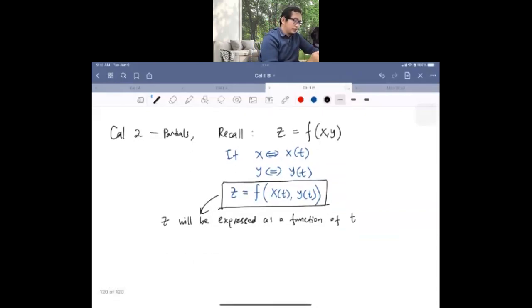So if we take z and we differentiate, partially differentiate with the chain rule, then dz over dt will be equal to this.